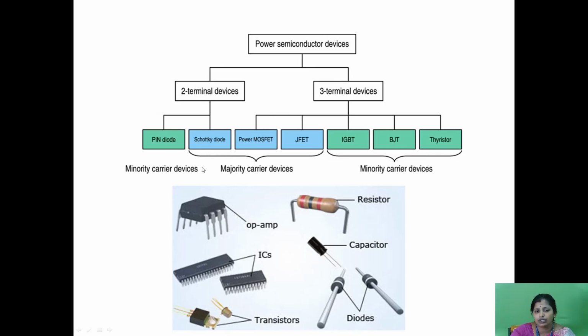Two-terminal devices use minority charge carriers, and three-terminal devices use minority and majority charge carriers. The single electron transistor and field effect transistors, JFET and MOSFET, are analyzed. This is a different type of model where semiconducting material is used.